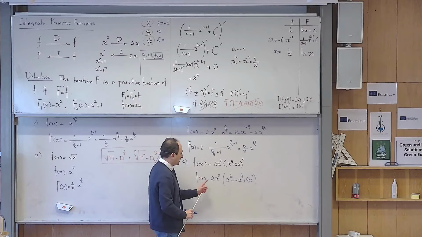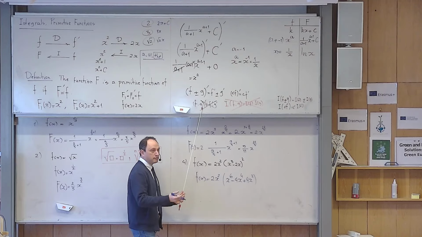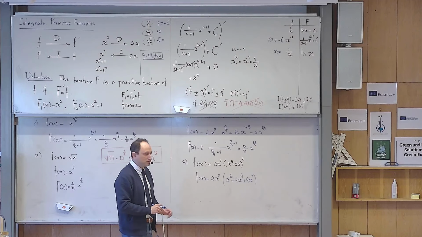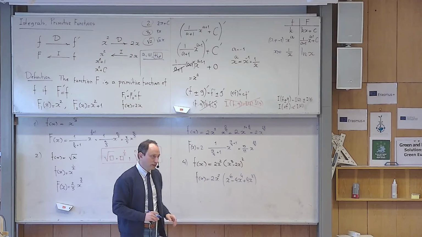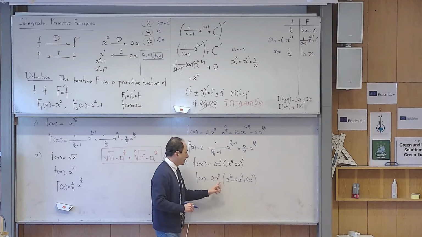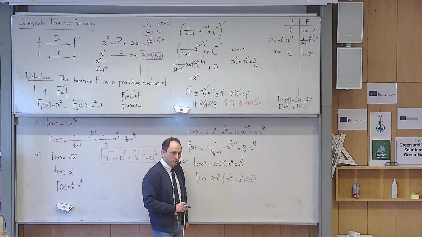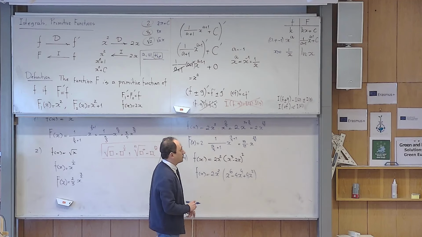And you know that in derivatives, we found the formula for the product. Do you remember? It was the product rule. But there is no formula similar to that for primitive functions. So in any case, when you have a product, you don't know what to do unless you open it up, because there are no product rule counterparts when it comes to primitive functions.